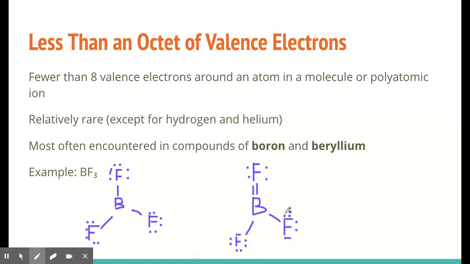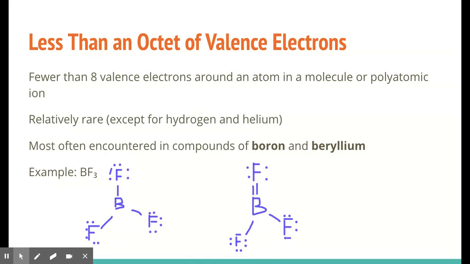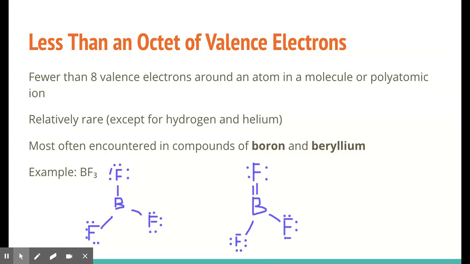But the one where boron has only 6 electrons around it is the dominant structure, because the 3 resonance structures with 1 double bond force that fluorine atom to share additional electrons, which is inconsistent with fluorine's electronegativity.